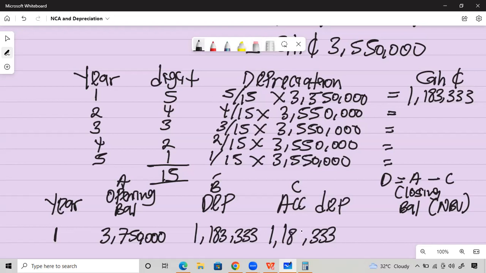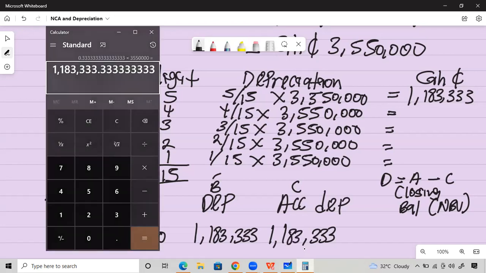So this is 183. So you can now say 3,750,000 minus 1,183,333. What do we have? Sorry, this one is 750.